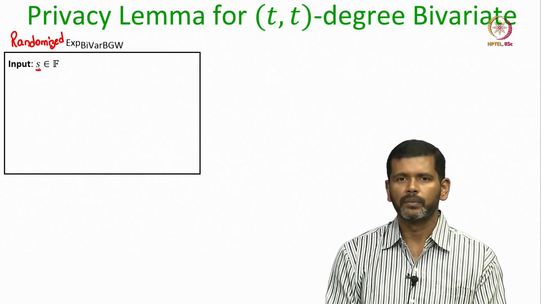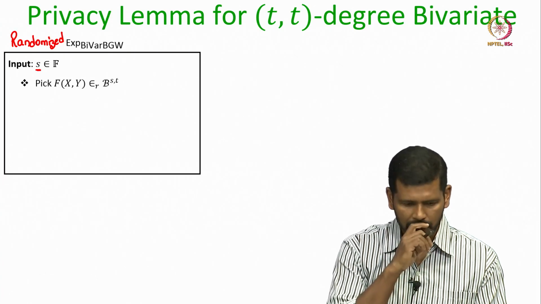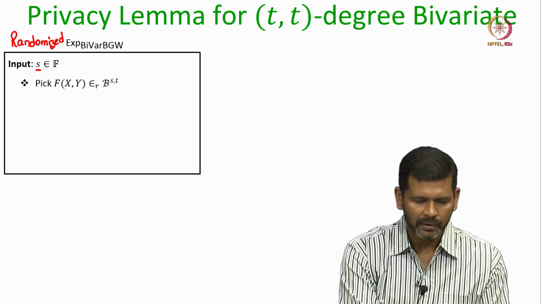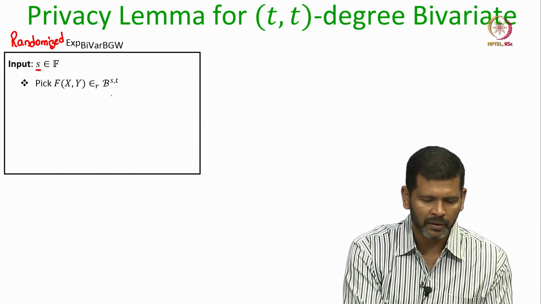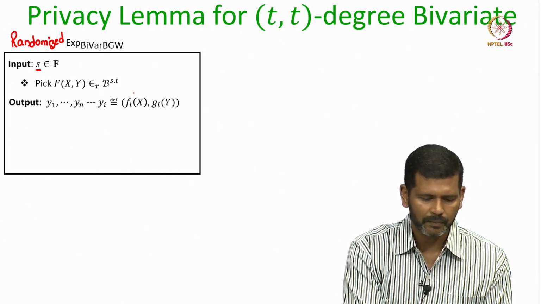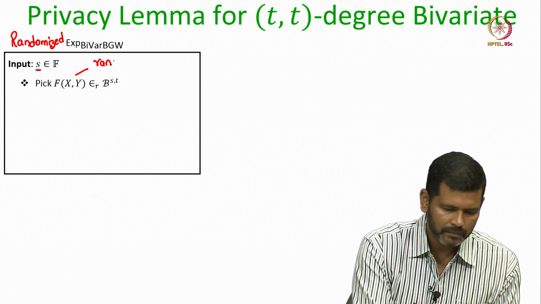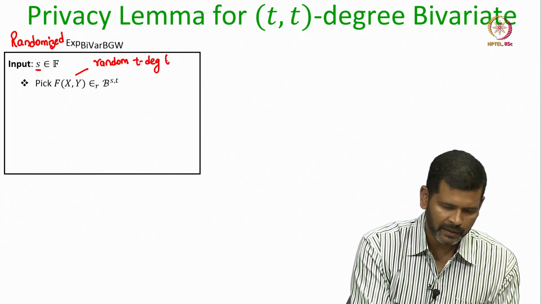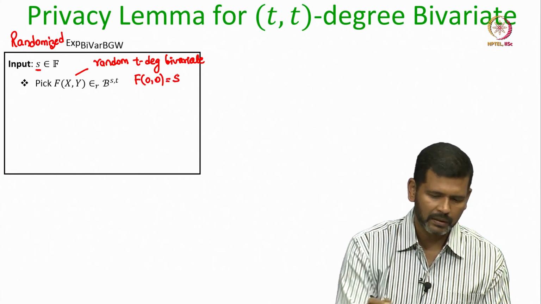The input for the experiment will be an element S from the field, and what we will do is the following. The experiment will randomly pick a t degree bivariate polynomial whose constant term is S, and this is the random step in the experiment.